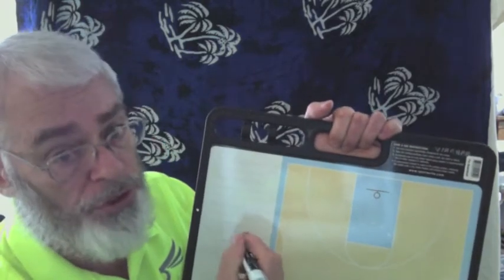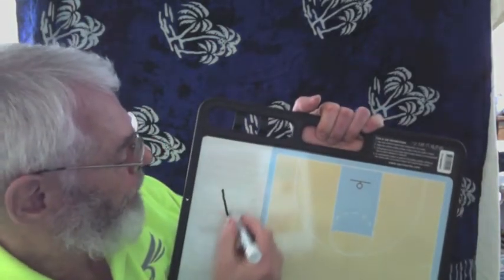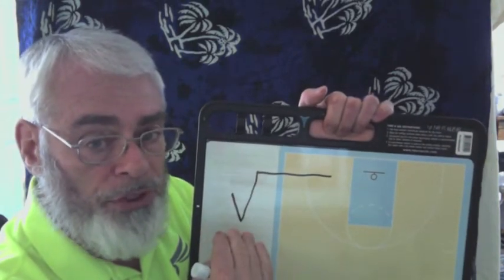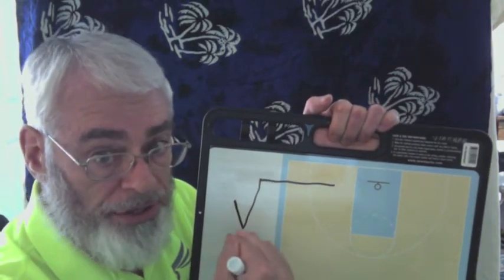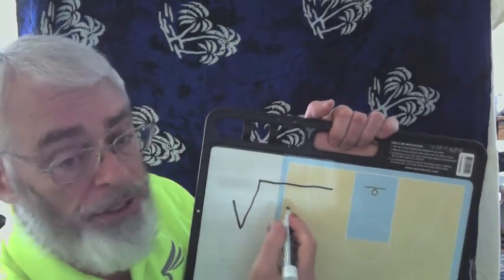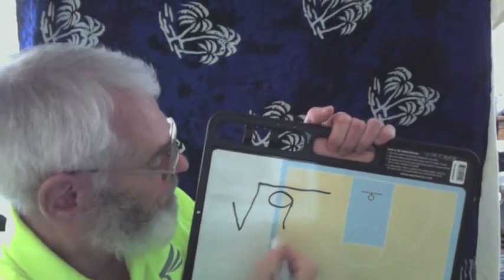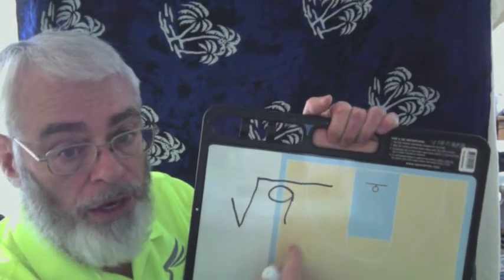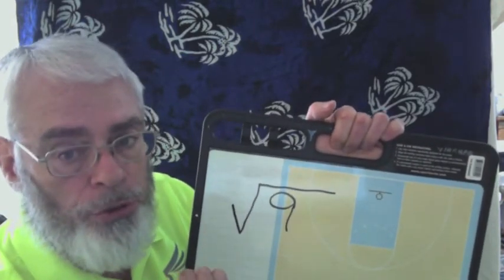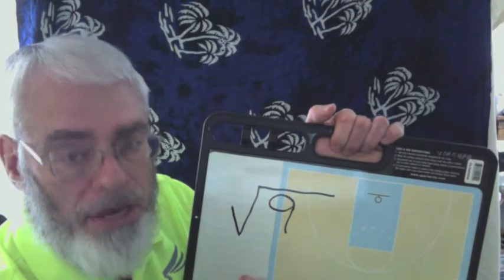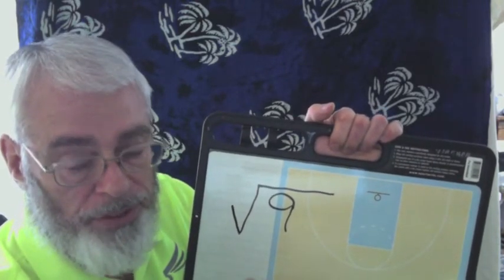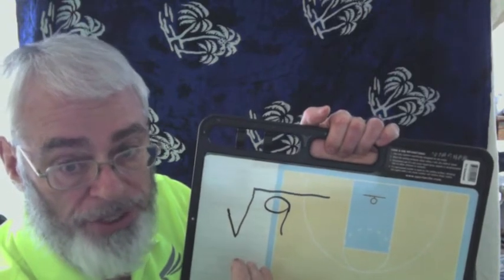The square root symbol looks like this. Okay, and so they have the square root symbol and a number underneath that square root symbol. In this case, let's just say 9. So if they say, what is the square root of 9, they're asking you to find the number that you multiply by itself that gives 9 as the answer.